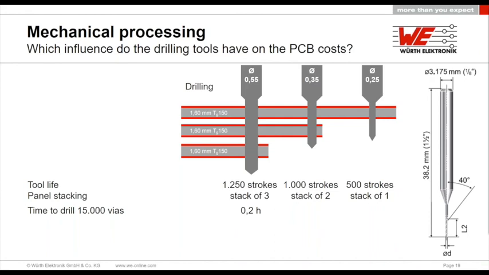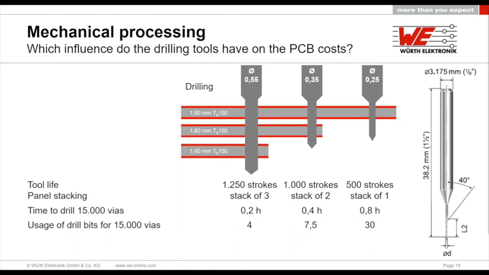This takes us 0.2 hours for the 0.5 millimeter drill bit. It takes us 0.4 hours for the 0.35 millimeter bit, and almost an hour for the 0.25 millimeter bit. Where does this come from? Well, it's a combination of the count of strokes, how often we need to change the drill tool, and how many panels we can stack on top of each other.